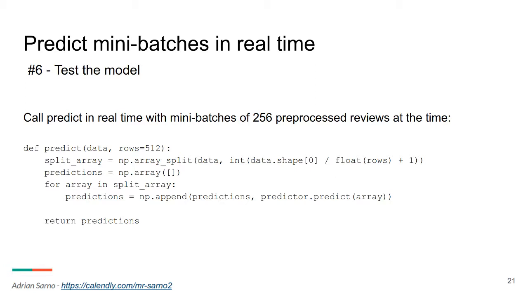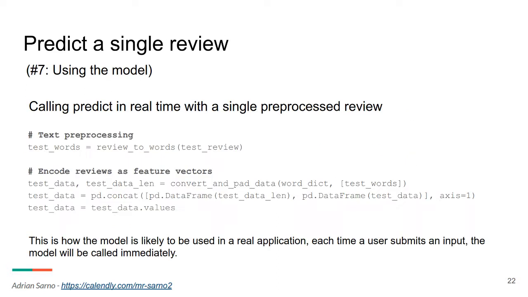Once the deployment is done, we're going to test the model in the real-time deployment, and for that we have this code here that splits the test data set into batches and sends the batches. We can also predict using a single review. A single review is exactly how the web page is going to use the model, sending one review at a time.